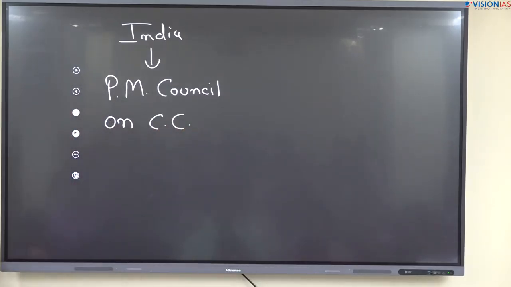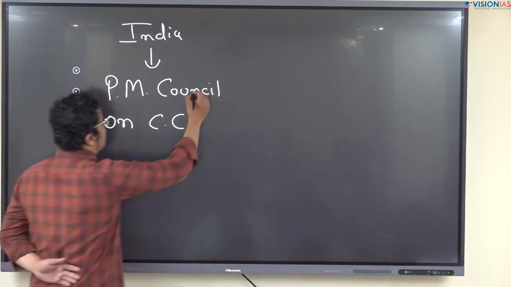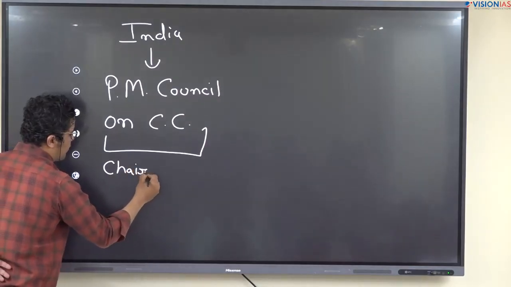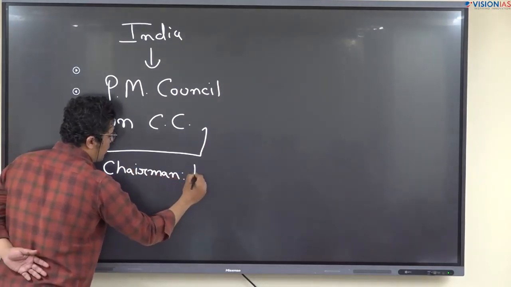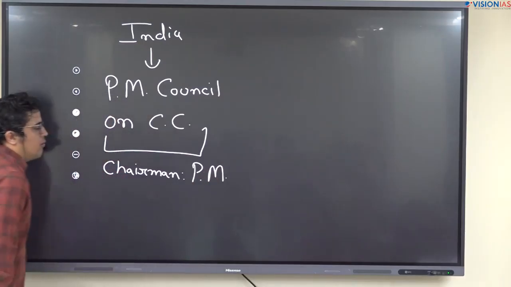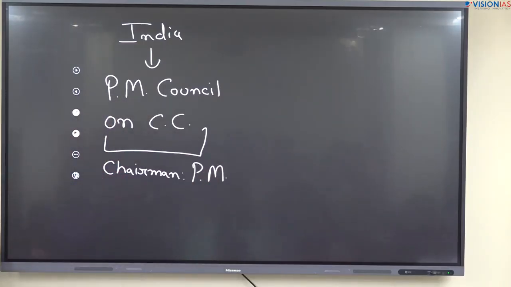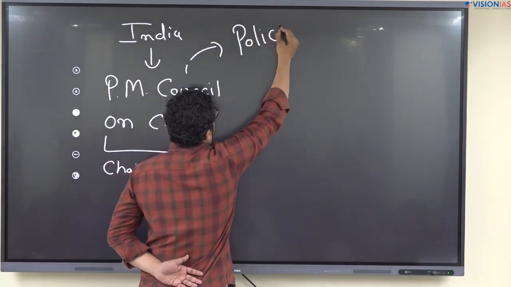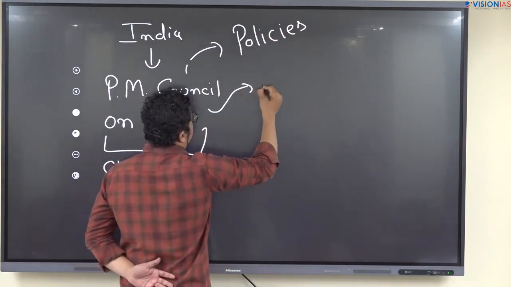So from the name itself, it is clear that this comes under the chairmanship of the Prime Minister. The Prime Minister is the chairman itself, and this organization is the most important organization of India working in the field of climate change. PM Council on Climate Change. What do they do? They make policies.